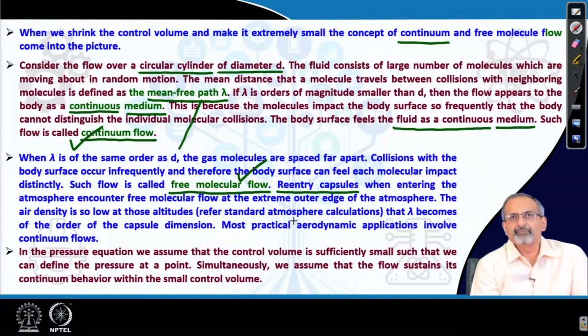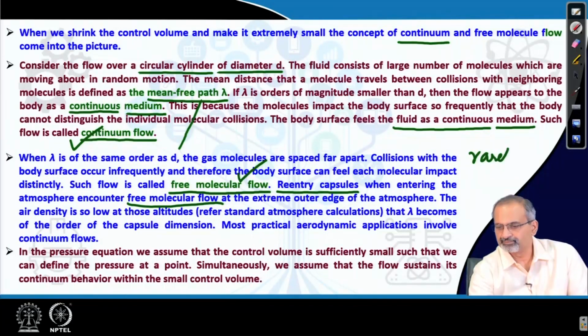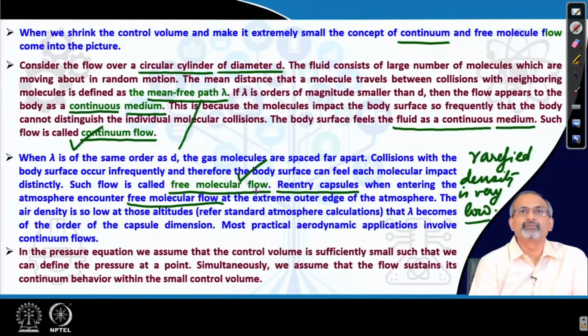At that time they are entering the atmosphere and they encounter free molecular flow, because at the outer reaches of the atmosphere the medium is extremely rarefied. That means the density is very low. So, if that happens, then we have a free molecular flow situation.